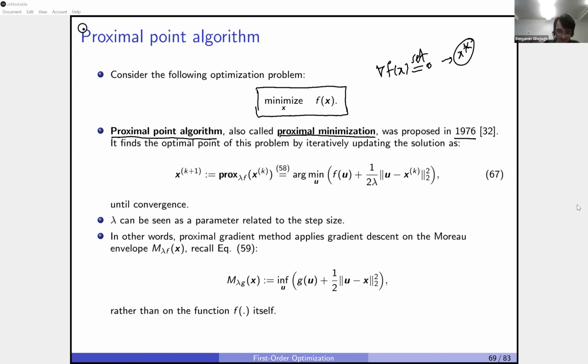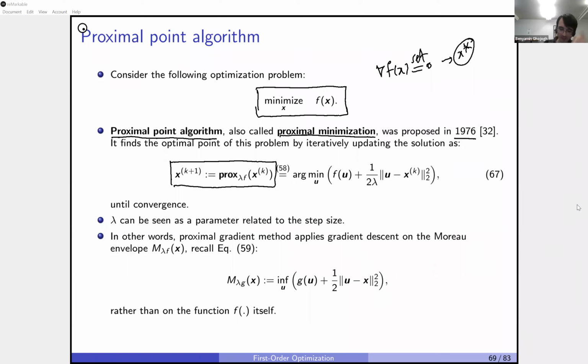What does it do? It says that at every iteration, do this. So k denotes the iteration index. So x k plus 1 equals the proximal mapping of x k, from the previous iteration, with the function f and parameter lambda.